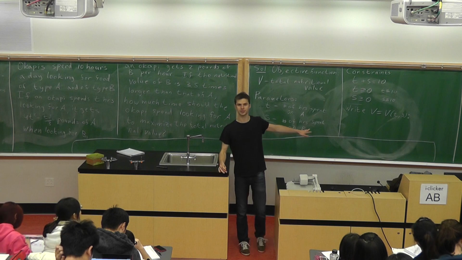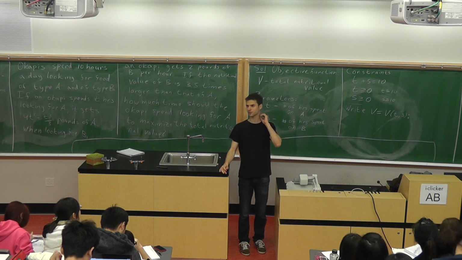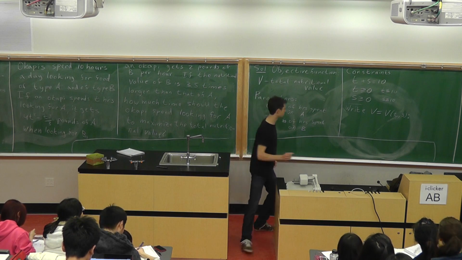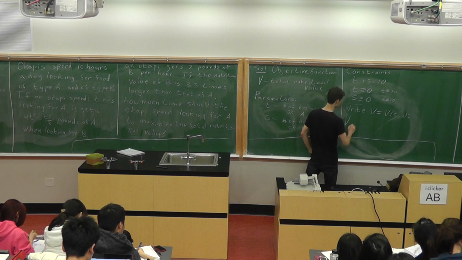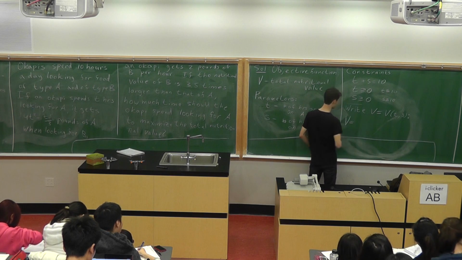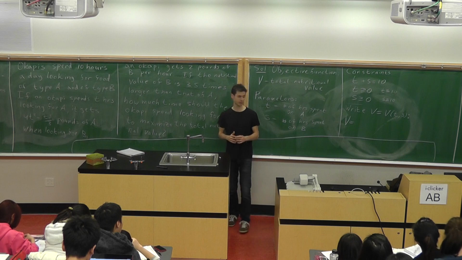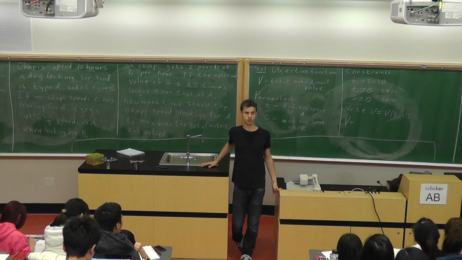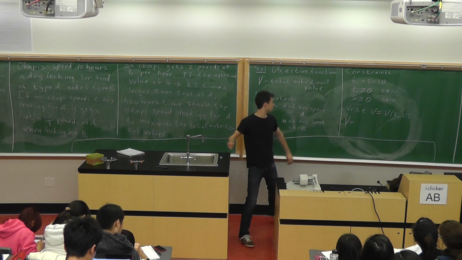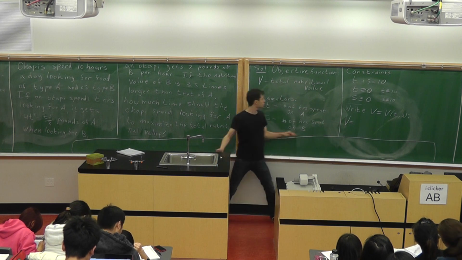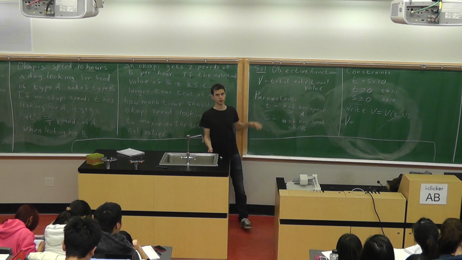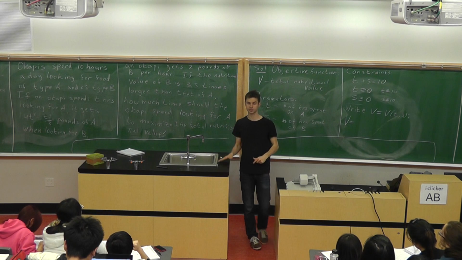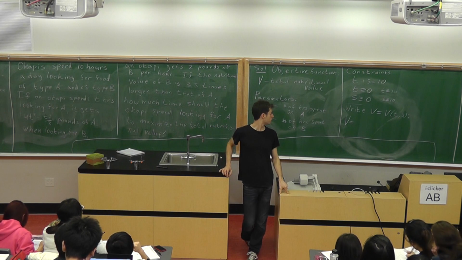In this problem, this might be the most non-standard of all steps. The whole problem is not very complicated, but this step might be the least obvious. V is the total nutritional value of the whole food that the copy has gathered during the day.